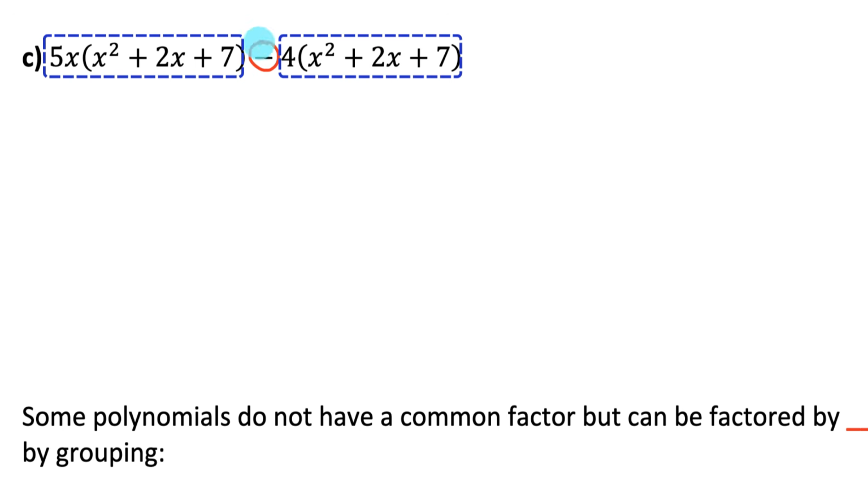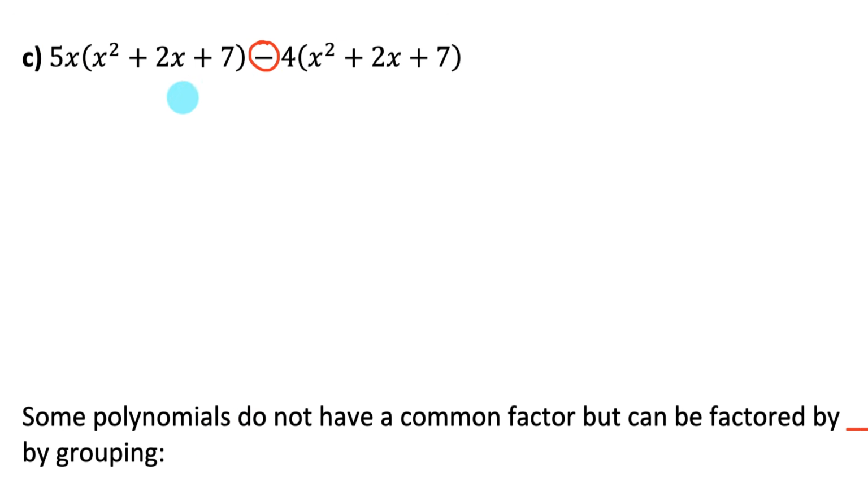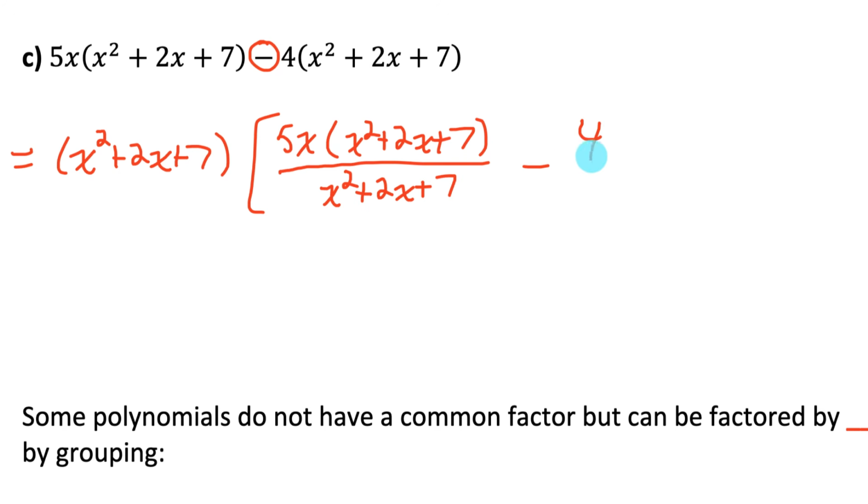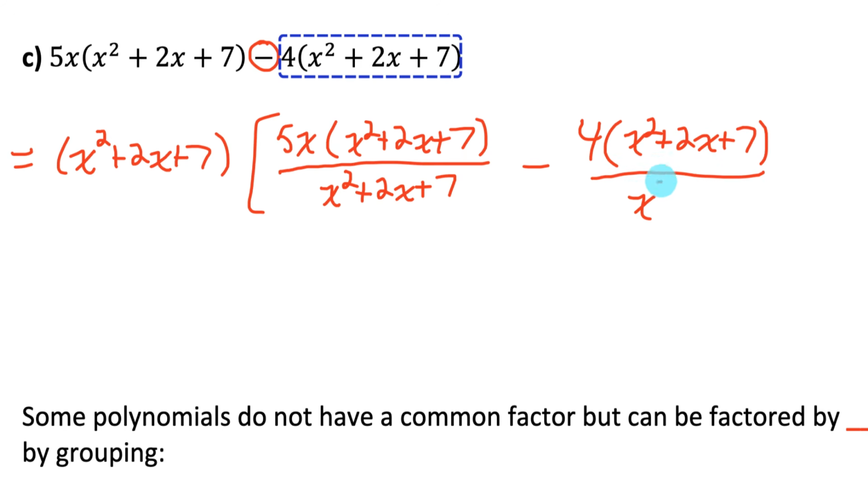There are two terms separated by this minus sign. Both of the terms have a factor of x squared plus 2x plus 7. So what I can do is remove that, x squared plus 2x plus 7, as my common factor, and then divide both of the terms by that common factor. So I'll divide the 5x times x squared plus 2x plus 7 by my common factor, minus, I'll divide my second term, 4 times x squared plus 2x plus 7, by my common trinomial.